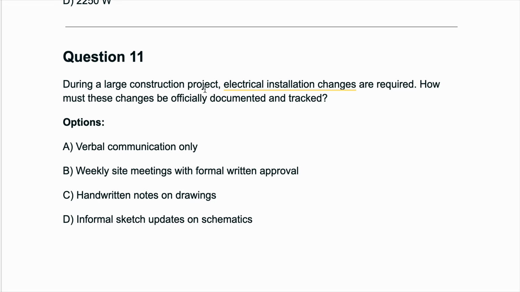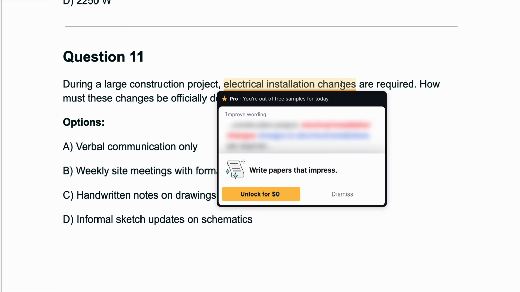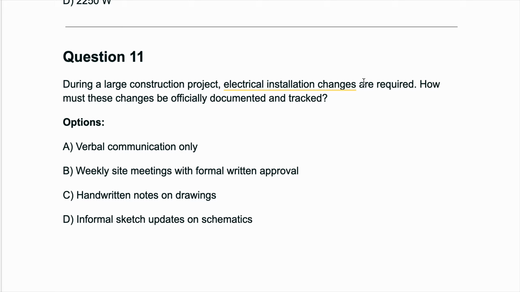During a large construction project, electrical installation changes are required. For large construction projects, how must these changes be officially documented and tracked?